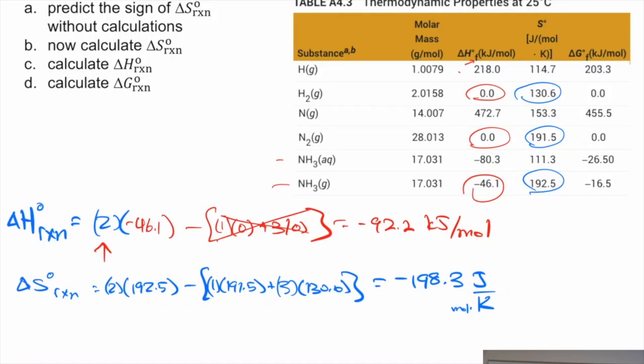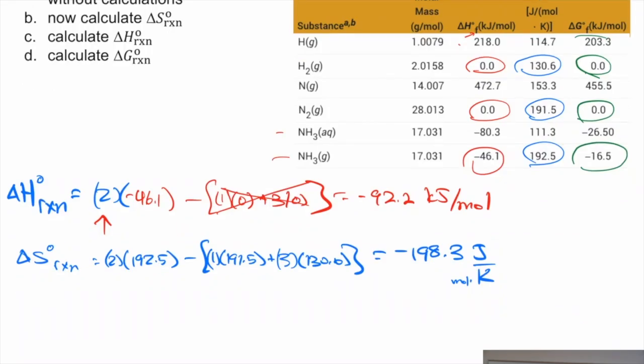And we can do the same thing for delta G. Here's the delta G column, delta G of formation. We need this value, and this value. Just like we had for enthalpy, we've got some zeros in there, so it makes the calculation really easy. Delta G standard of the reaction is going to be 2 times negative 16.5 minus, and all this is going to be 0 for the same reason that it was for enthalpy.